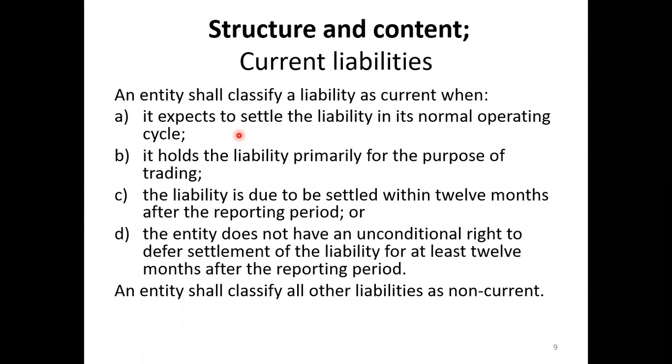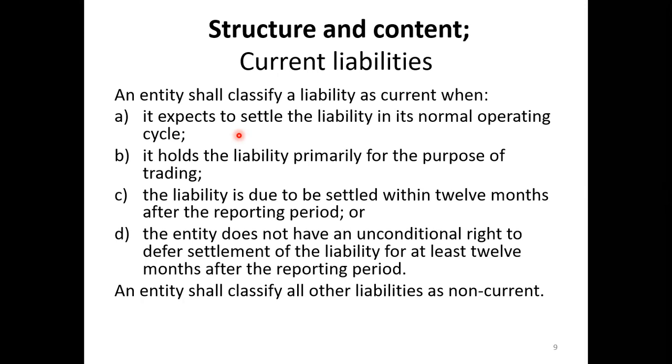When we purchase inventories on credit basis, say 30 days, 90 days or 180 days, the entity has to settle on the due date. So it's coming under the normal operating cycle.